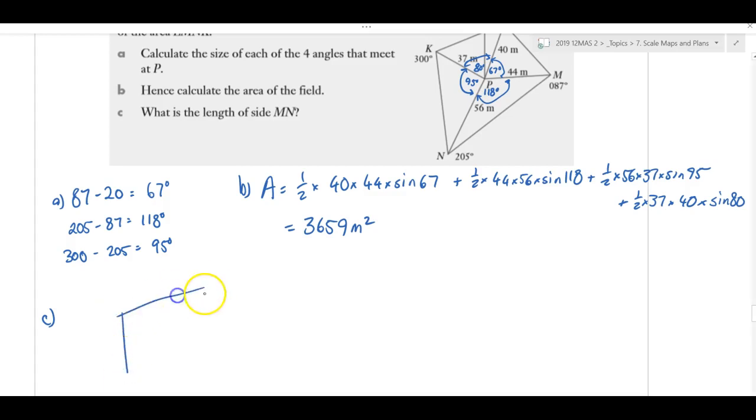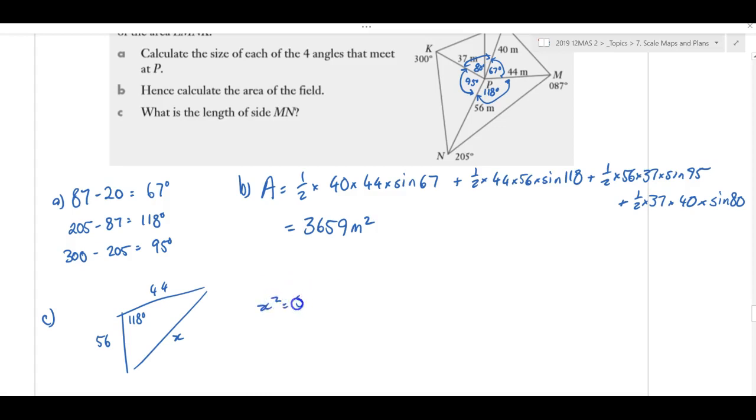Let's just draw this up again. I've got 44, 118 degrees, 56 here, and I want MN. I'm going to call that one X this time. Now, I have a non-right angle triangle. No SOHCAHTOA, no Pythagoras. But I do have two sides and the included angle, and I want to find the third side. One angle, cosine rule.